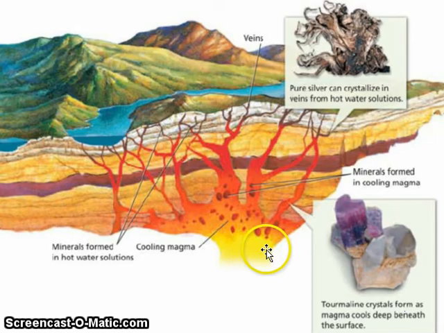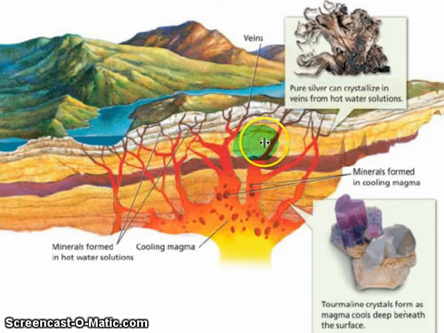The other thing the magma does is it warms any groundwater in the area. So imagine there were groundwater in this area right here. The magma that is down here is warming this water. When it warms the water, it encourages the minerals from the surrounding rock to dissolve in this water.